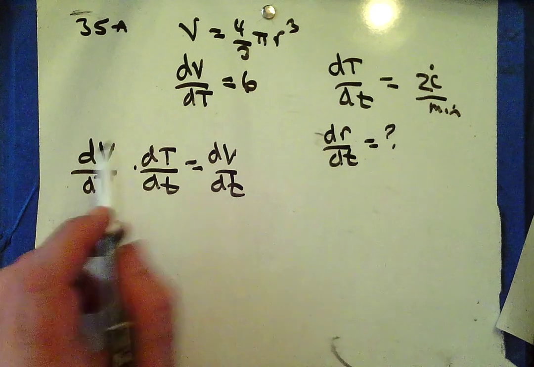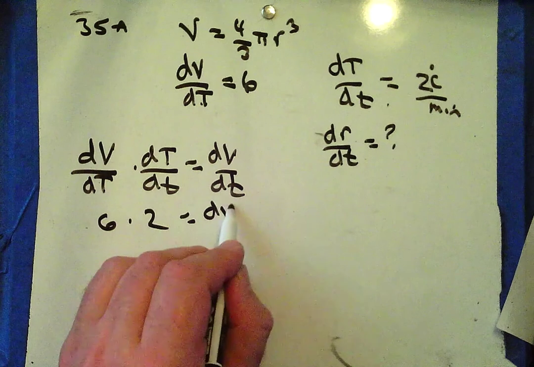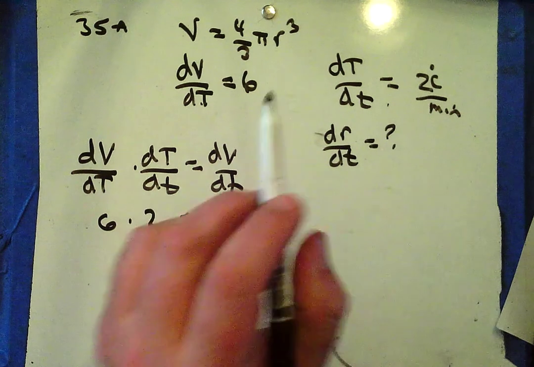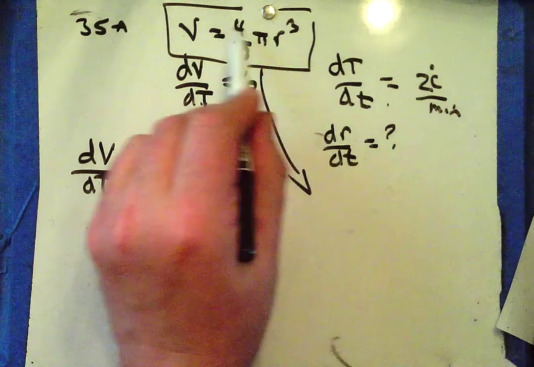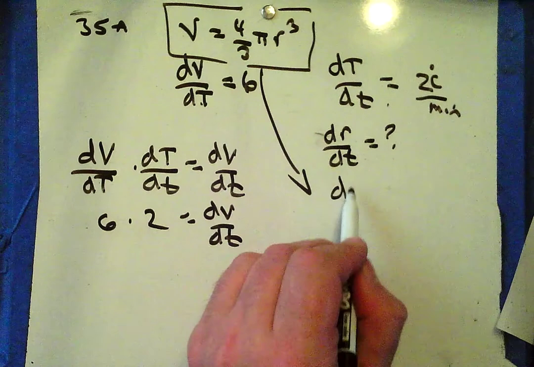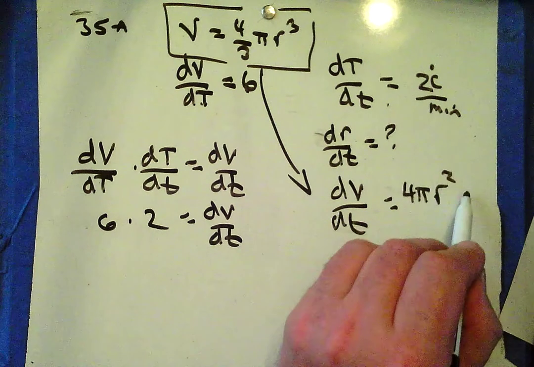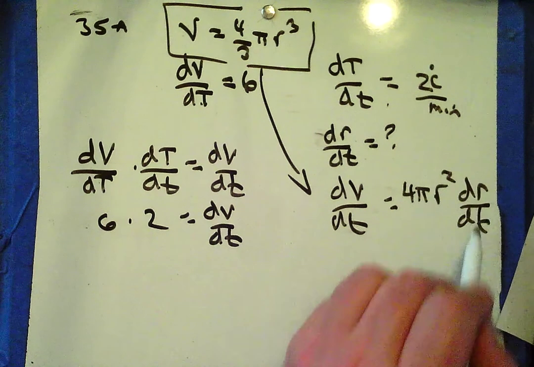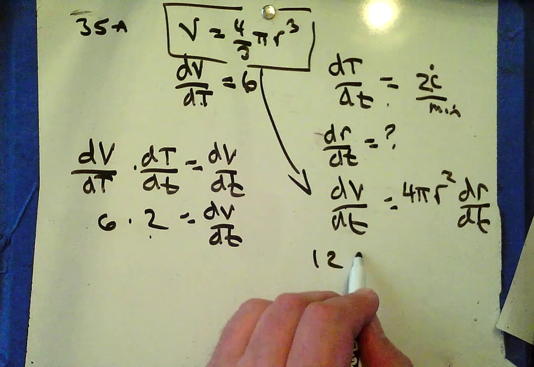If I do this times this, I get dV/dt. But I also know from our work in chapter 5, if we take the derivative of both sides of this with respect to time, dV/dt is equal to 4 pi r squared dr/dt. So where I see dV/dt, I'm plugging in 12.